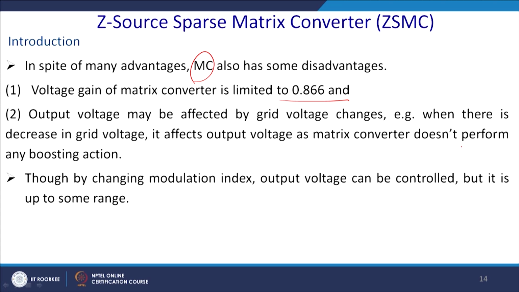Though by changing the modulation index output voltage can be controlled, it is only up to some range, and the voltage gain of the direct matrix converter is limited to 0.866. So, that is the limitation of it.